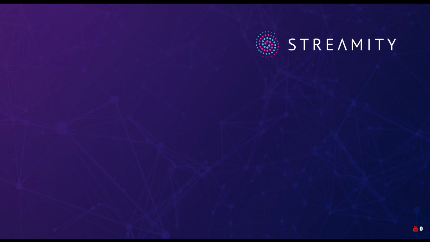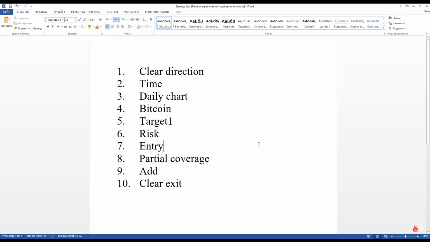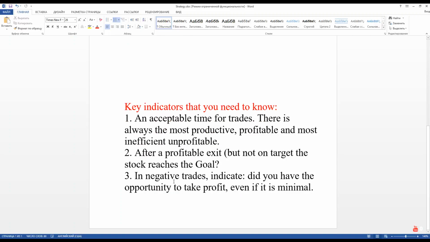So on balance, 3 main key indicators that you need to know. First of all, an acceptable time for trades. There's always the most productive, most profitable, and most inefficient, least profitable. So your pros and cons.